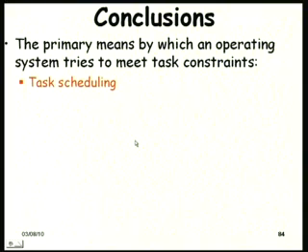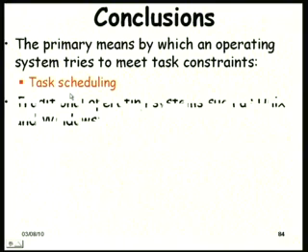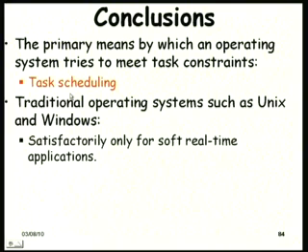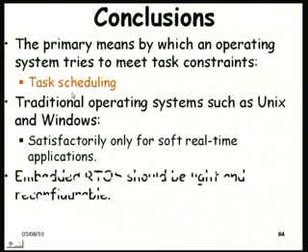So far we have been looking at the operating system issues. We looked at the scheduler; the task scheduler is the primary means through which a system tries to meet the time constraints. Then we saw that traditional operating systems are okay for soft real time applications, but for hard real time applications you can't use traditional Unix and Windows, we need to use real time operating systems.